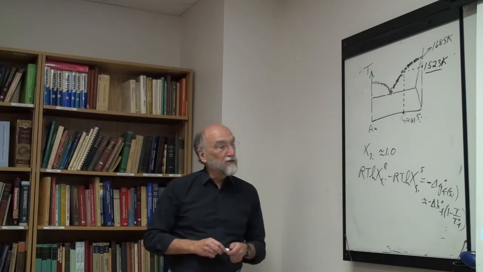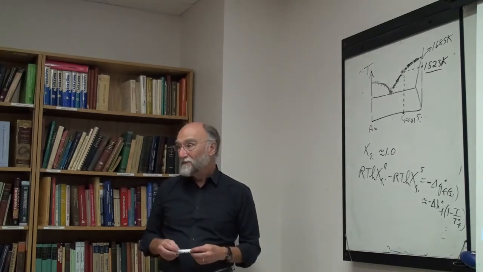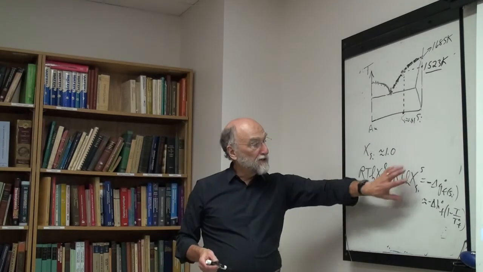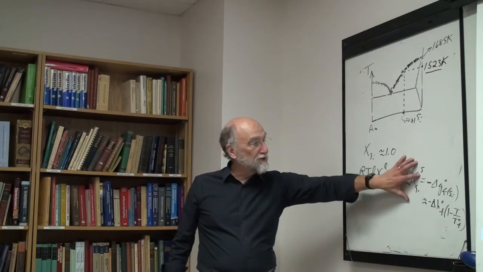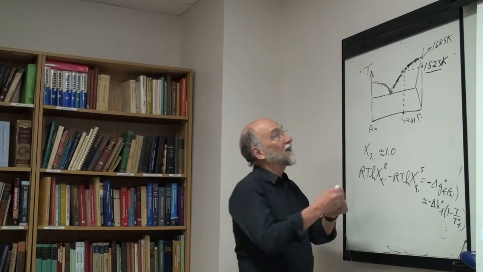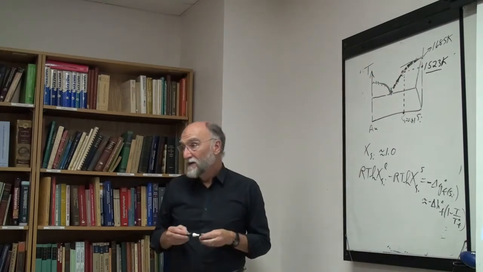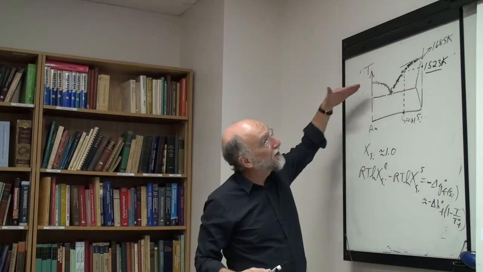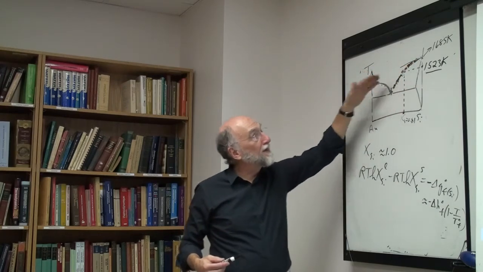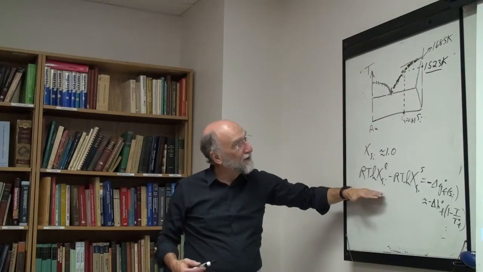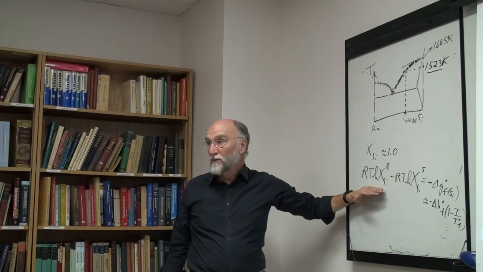Now I can find out if there's solid solubility very quickly. I assume no solid solubility, so this term goes to 0, and calculate the liquidus assuming ideal. The true liquidus has to come in with that limiting slope.